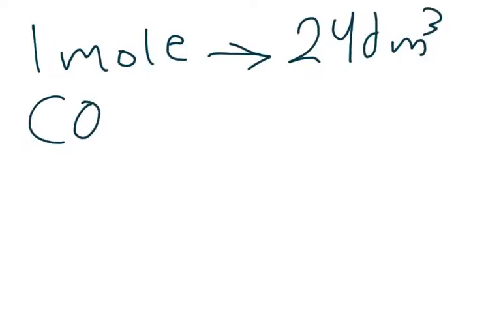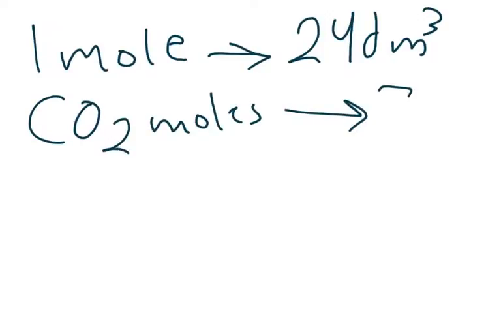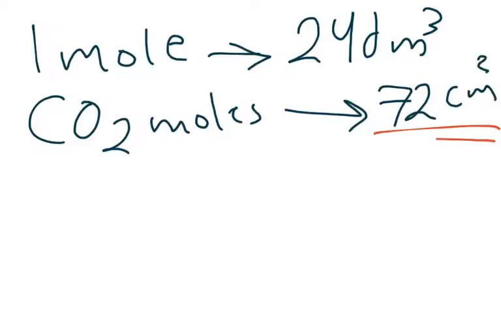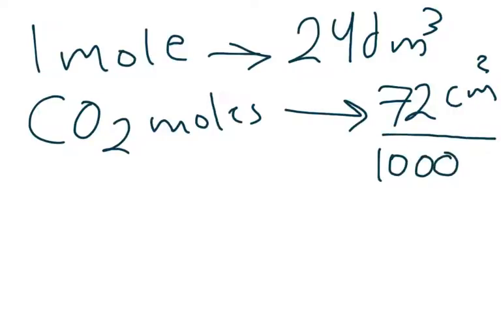I could get CO2 moles produced just by using our 72 cm³. And how am I going to turn this into dm³? I just divide by 1,000. Let me fix this because it doesn't look like a cube. Okay, and then we do a cross multiplication.